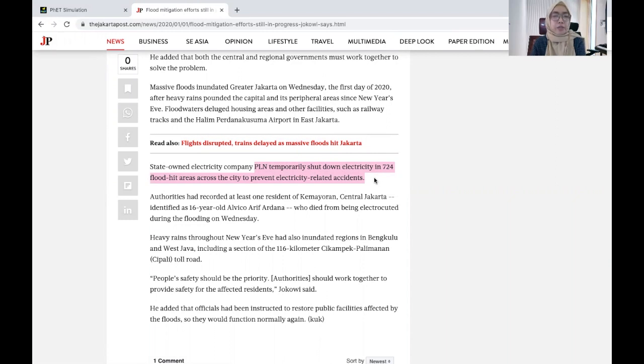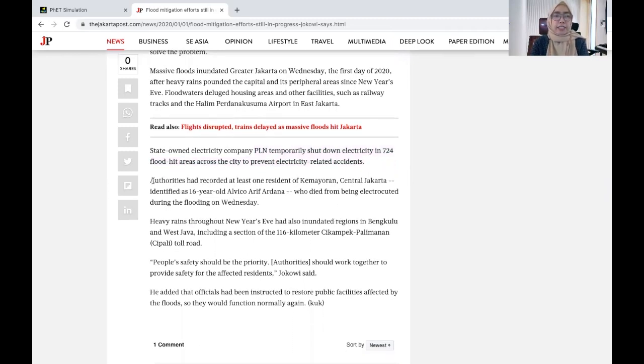Can you guess why we should shut down the electricity in the flooding area? This paragraph might give you some clues.